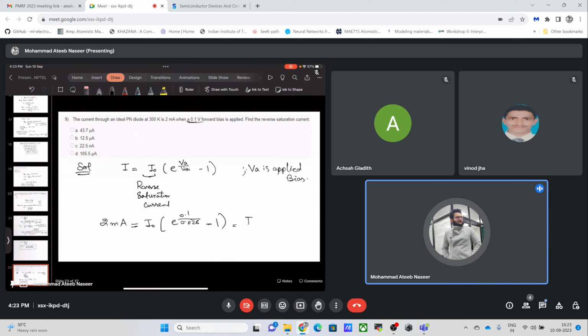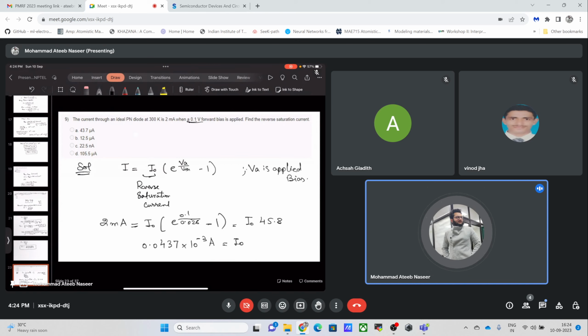It is equal to I naught times 45.8. So if I now divide 2 by 45.8, it would be approximately 0.0437 into 10 raised to power minus 3 amperes. I have converted the milliampere into 10 raised to power minus 3.